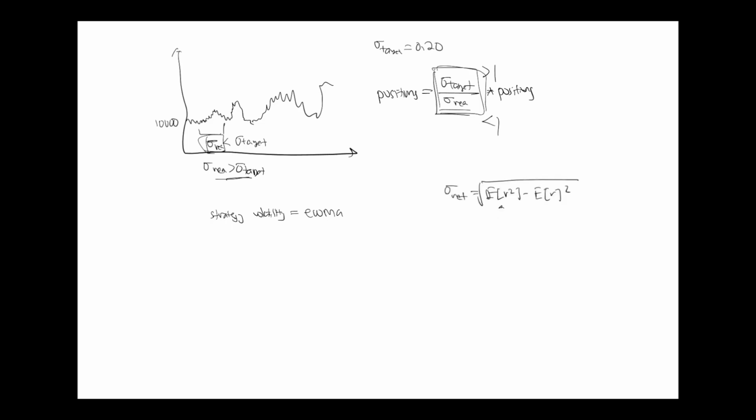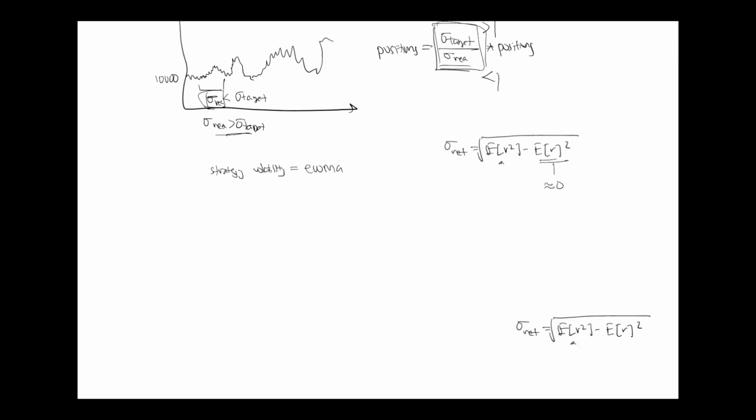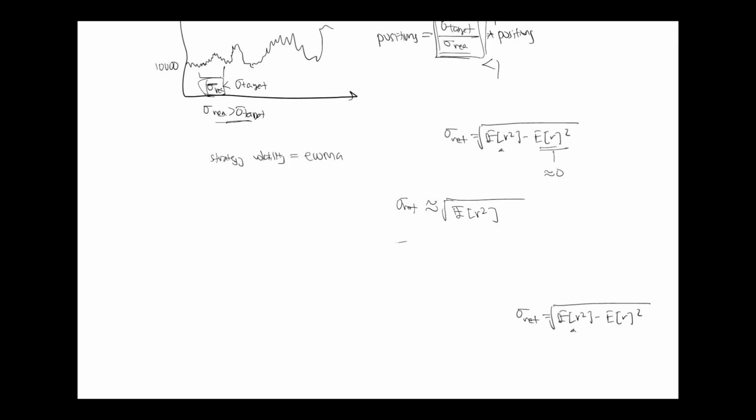One thing you should know about returns is that the expected return is going to be very close to 0. This is almost 0, so we can say that the signal return is equal to the square root of the expectation of r squared, because the mean is about 0. Our estimate will then be the expected value of this. If we take a simple moving average, we'll just do 1 over n times the sum of r_i squared, over the historical lookback.